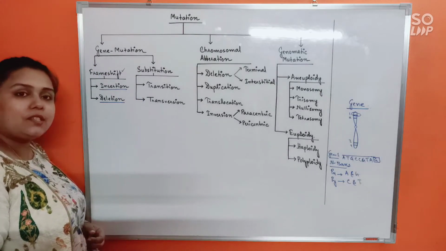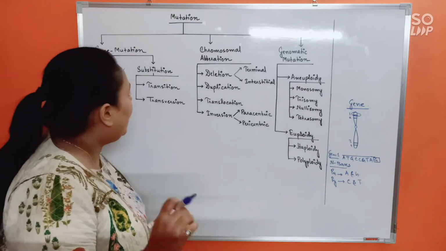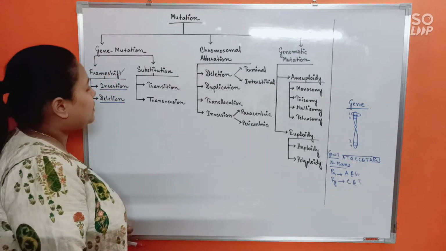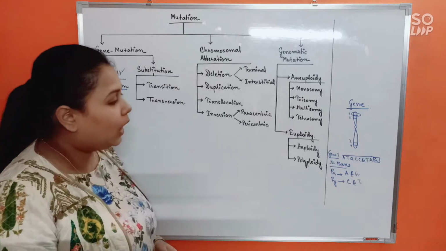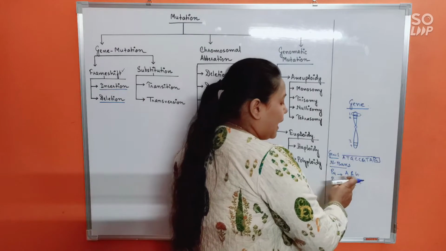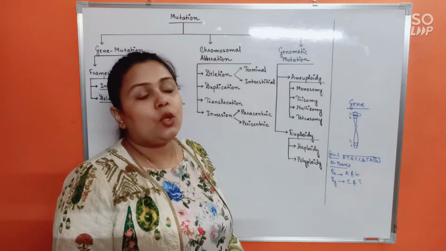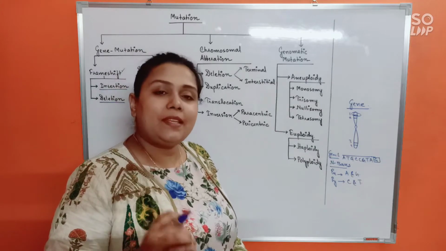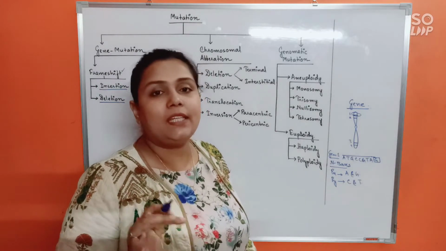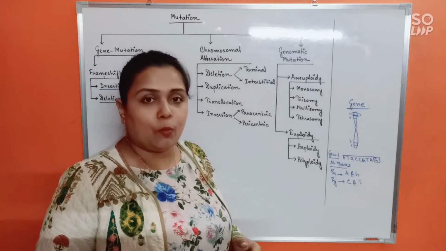Understood this clearly? No issues or problems about it? Now moving to the next one, substitution mutation. In substitution, you know that purines are A and G and pyrimidines are C and T, isn't it? So in substitution, the bases will not be added or deleted. Rather, they will be substituted for one another.